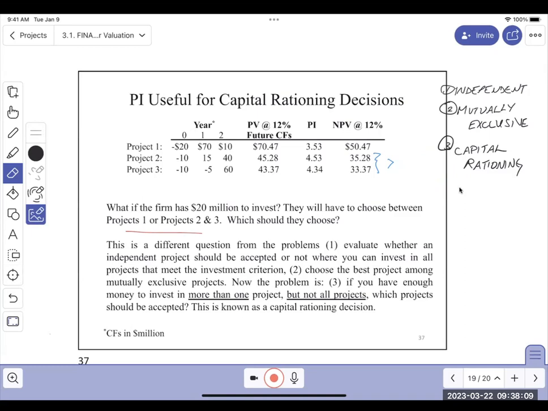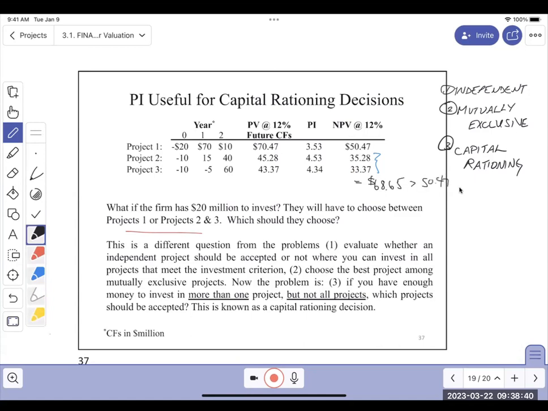You compare those, they're greater than 50.40, but let me erase this, that's confusing. So 35 and 28 and 33.37 are obviously greater than 50.47. And so we should take the higher NPV project, which is the combination of these two. So we should pick 2 and 3.